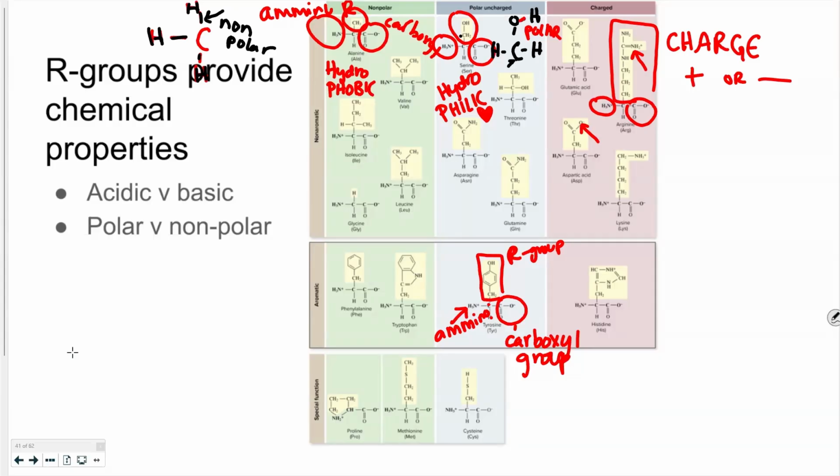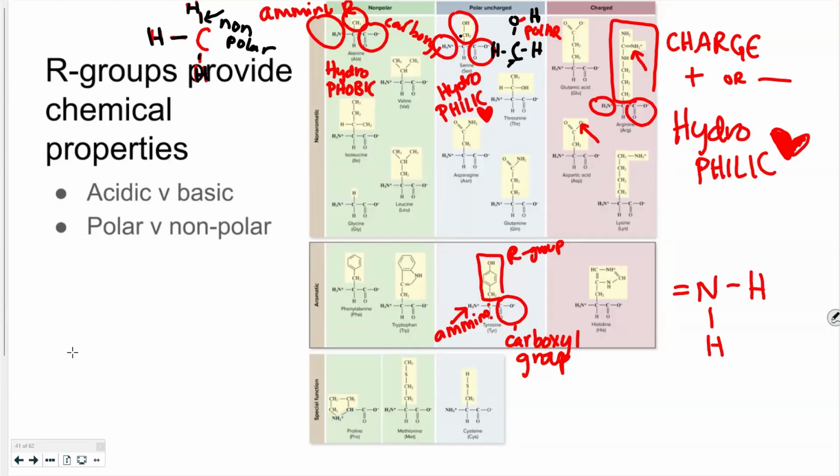And when we see a positive or a negative charge, we know that that thing is going to be hydrophilic. Loves water. Wants to hang out with water. So I will just do an NH double bond over here. We know that these are polar.